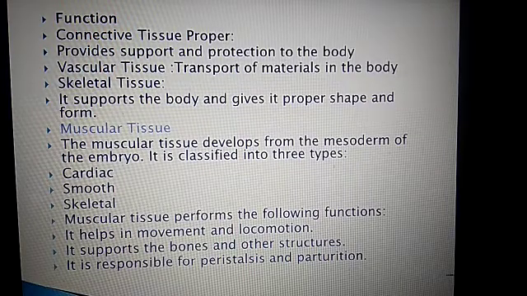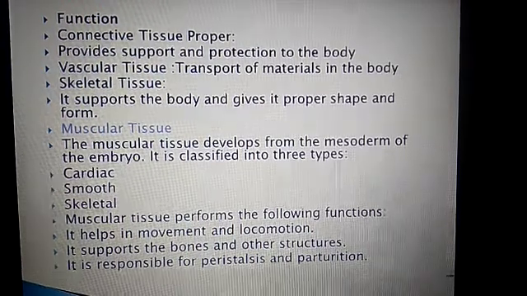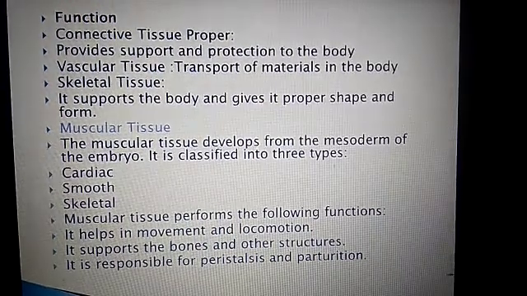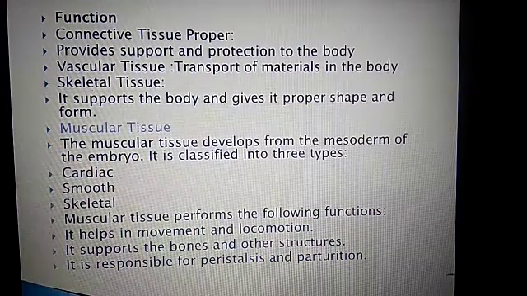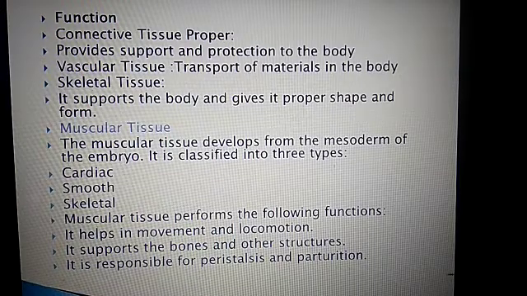Next is cartilage. It is a supportive tissue. The intercellular material or matrix is slightly hardened. Bone is harder than cartilage and is characterized by a hard matrix containing large quantities of phosphates and carbonates of calcium and magnesium.